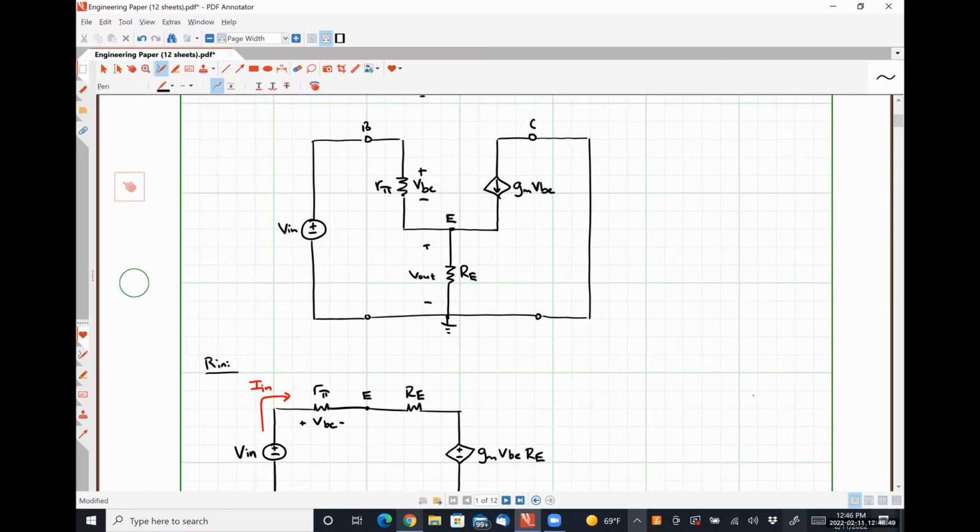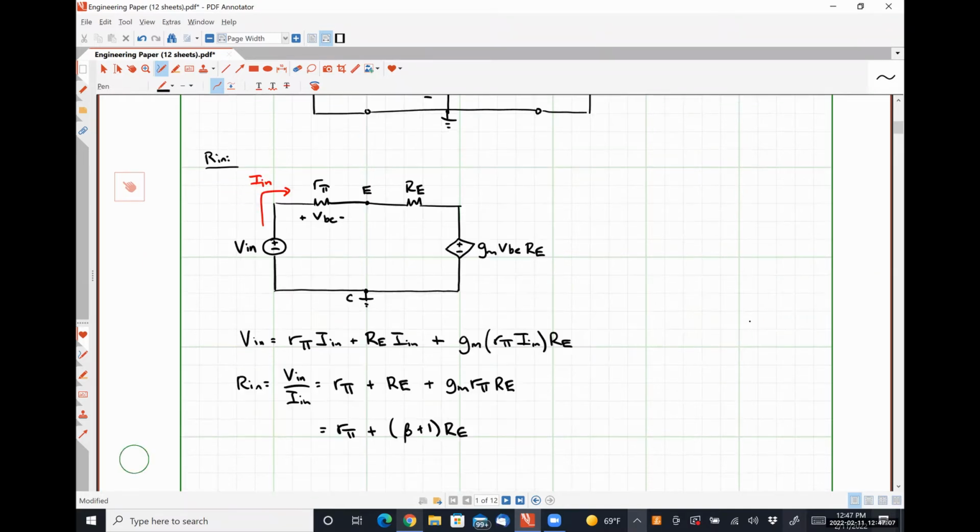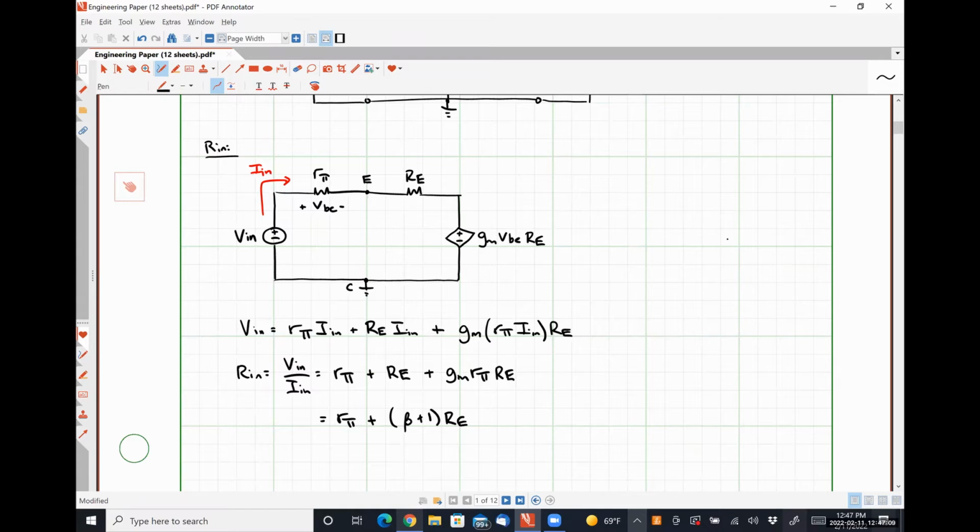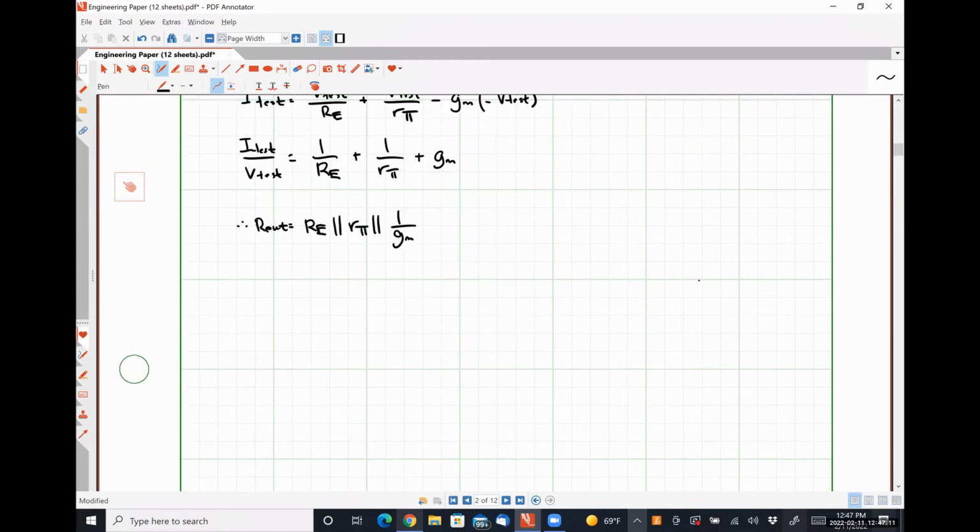So the output voltage is just going to be the voltage drop over our resistor RE. Which means that it's just going to be RE times this current plus this current, right? So let me write this stuff down here. We're probably going to flip back and forth between those two things, right?